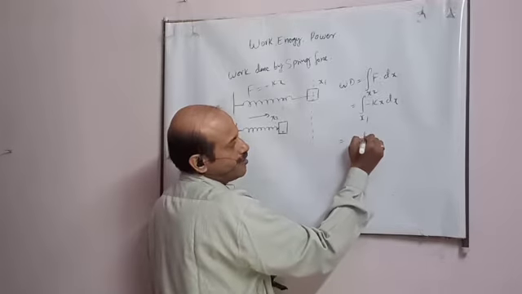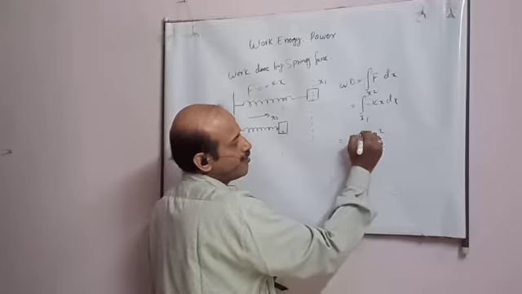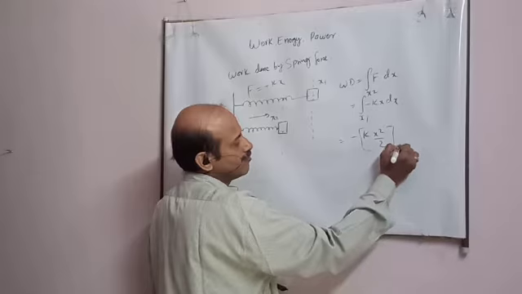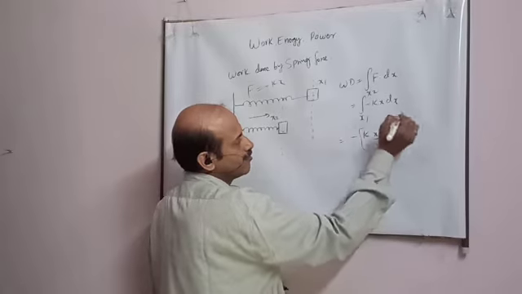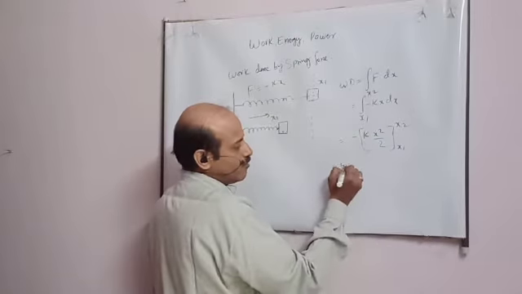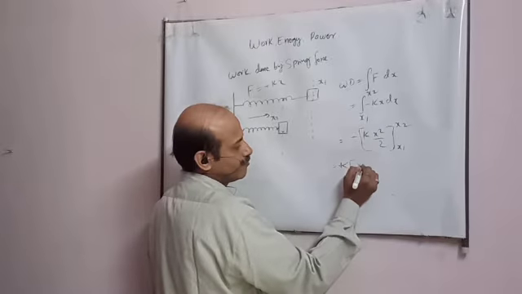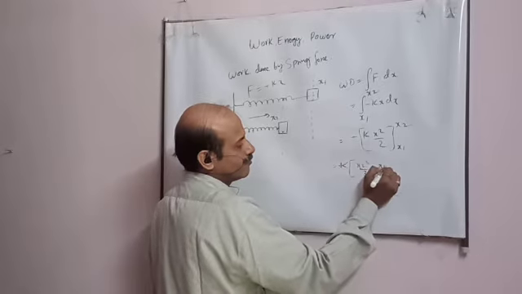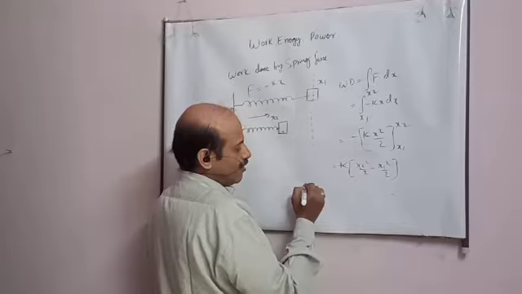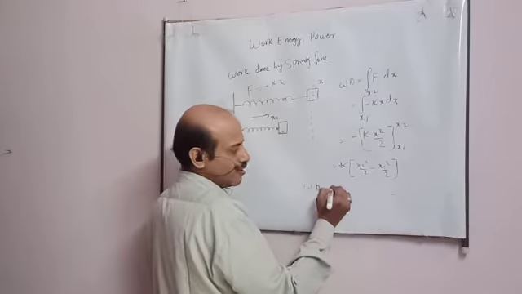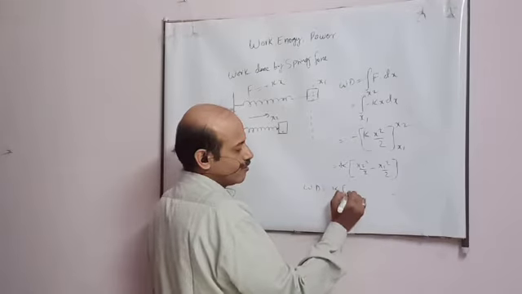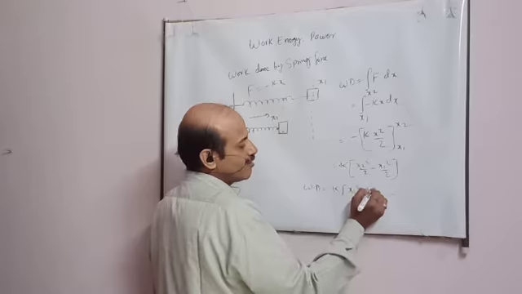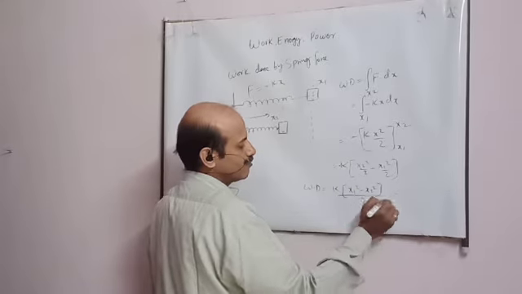So if you integrate this, student, you will get x square by 2, and finally, student, work done by spring force comes out to be K times x1 square minus x2 square upon 2.